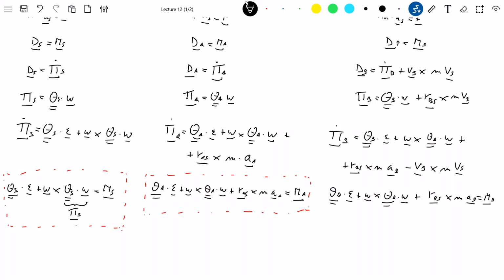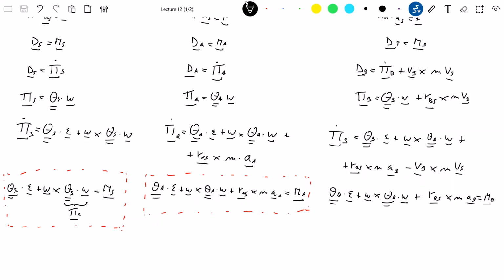MB. Now you see I get back one term. I eliminated this term because it is compensated by this one, because you see dB is not equal to pi b dot, it is equal to pi b dot plus VB cross product MVS, which is the same term we have here, just plus and minus, so they eliminate each other, and we obtain this formula.